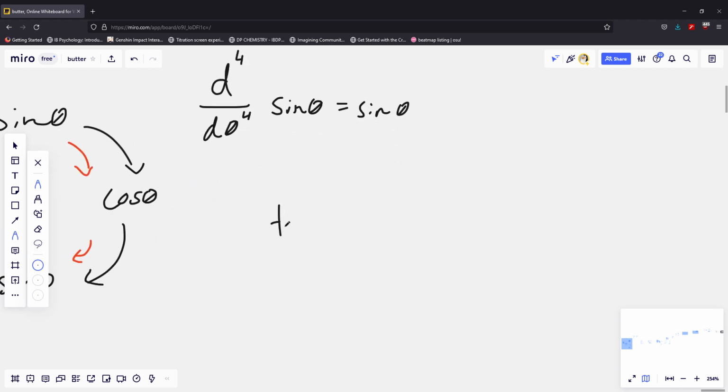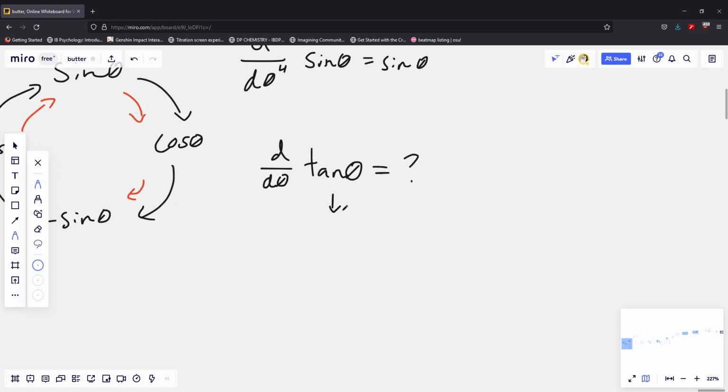Take tangent, for example. The derivative of tangent is, well, let's say we don't know, and we wanted to figure this out. Instead of searching it up, what you could do is say, okay, well, tangent of theta is equal to sine of theta over cos of theta, right? So now from here, we can just take the derivative of this using the quotient rule.